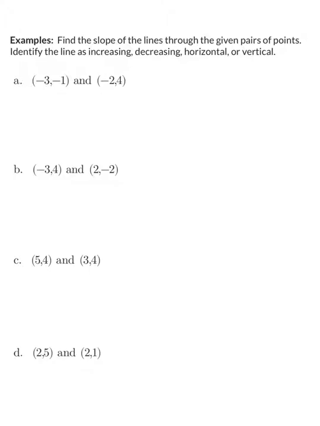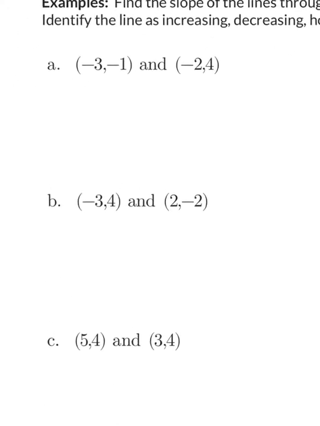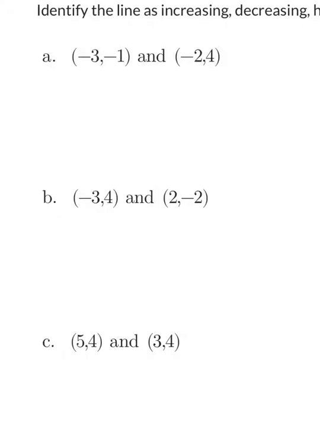So the first thing that I want to do when I work on these problems is start by writing down my formula for slope. If you struggle to remember things, then this is something that helps out. Just get in the habit of writing it down so that you have it available there for you.